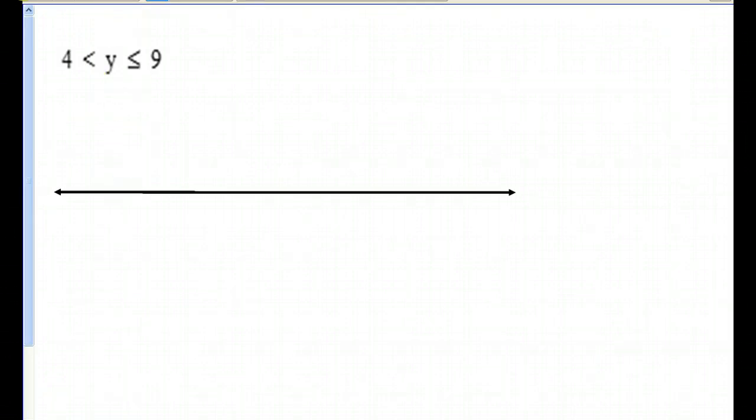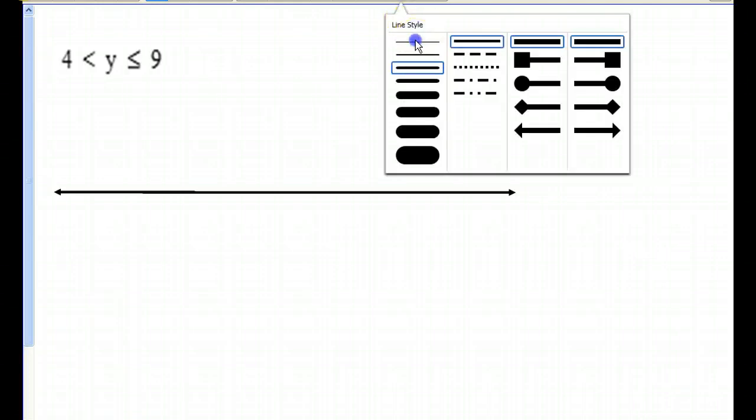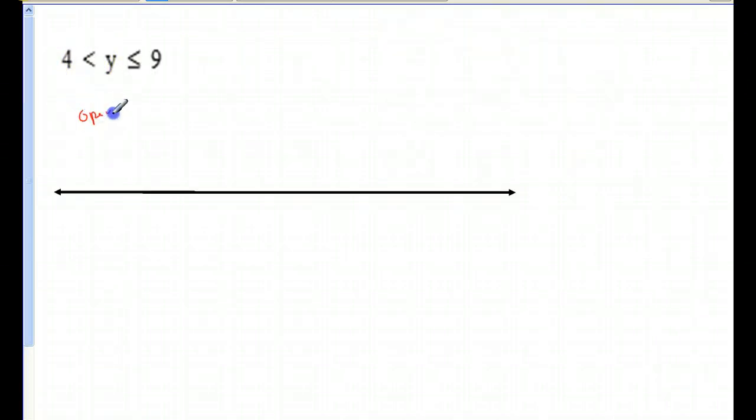Now we have one of these open because it's not included, and then the other one closed because it is included, or it is underlined. So we're going to have an open dot and a closed dot. The open dot occurs at 4, the closed dot occurs at 9, and we shade everything in between the two.